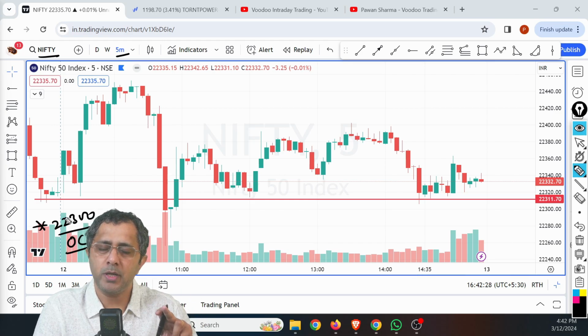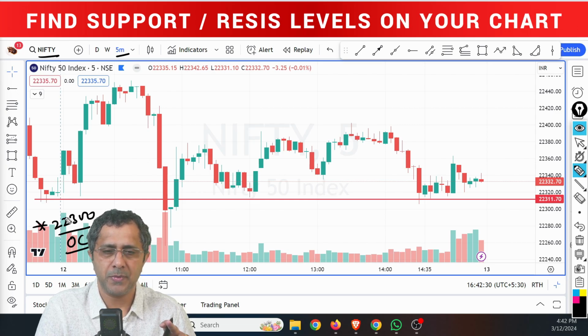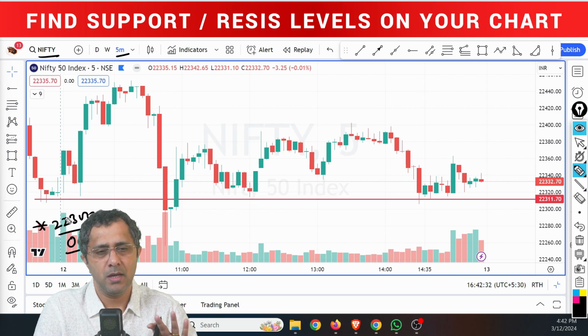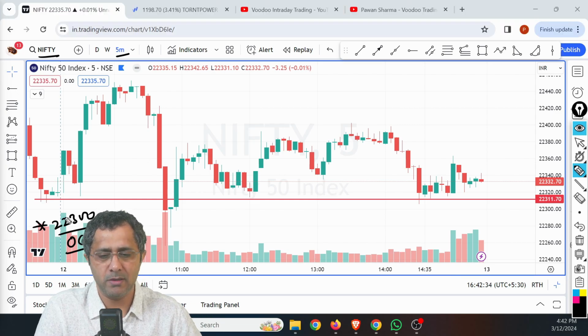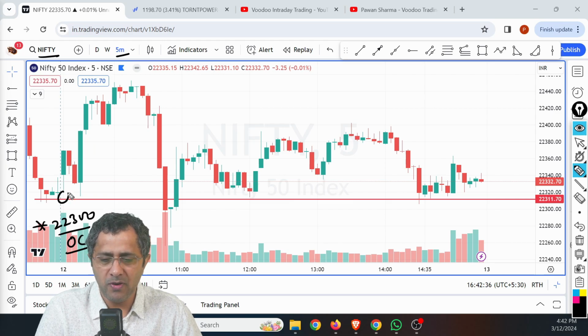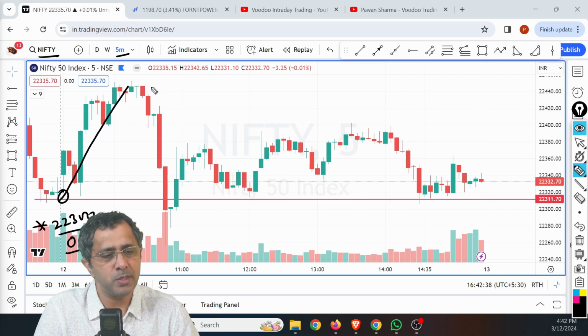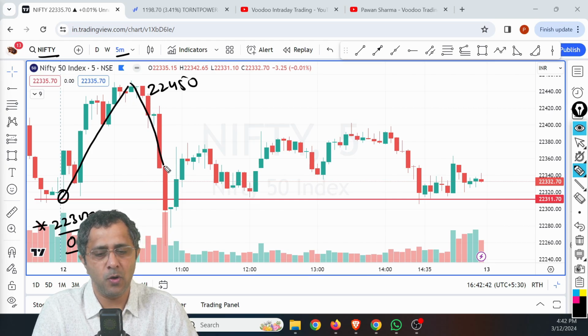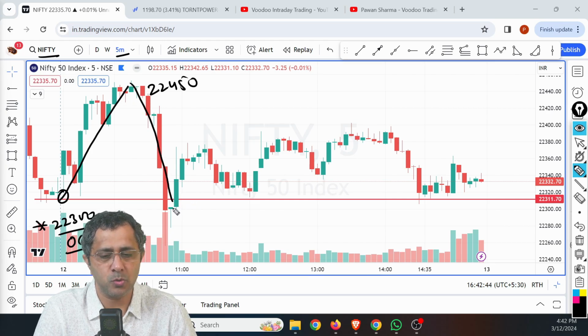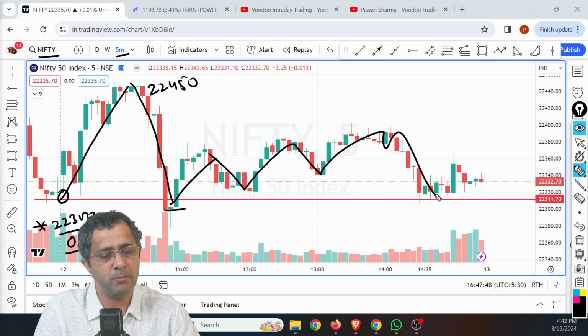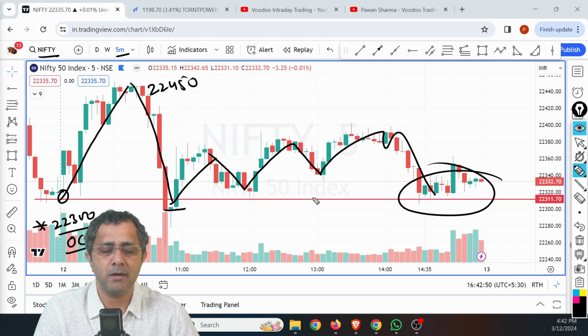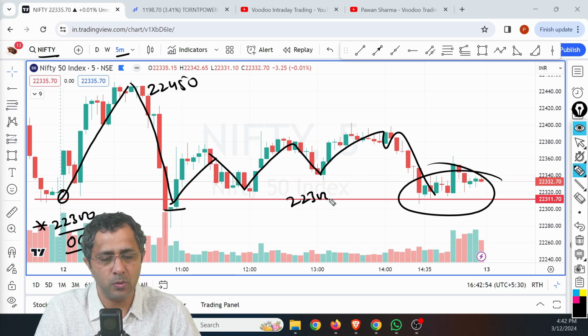Yesterday also 22,300 was acting as a support, and today also it almost followed the same levels. Market opened flat, went up till 22,440-450, and from there it fell till 22,300 again, rose back, and then it followed a zigzag movement but didn't go anywhere and closed around the same level, which is 22,300 only.